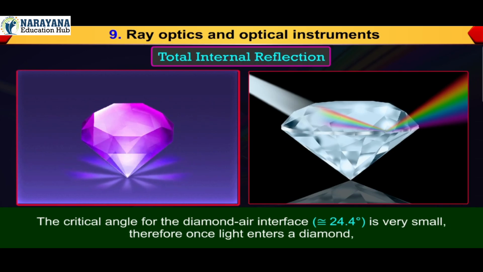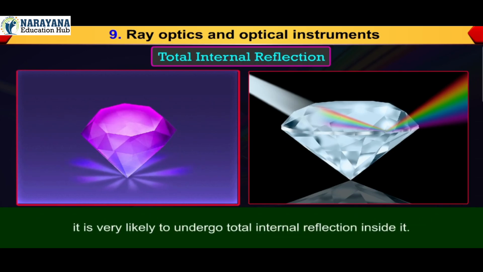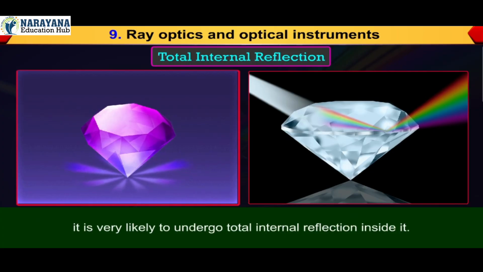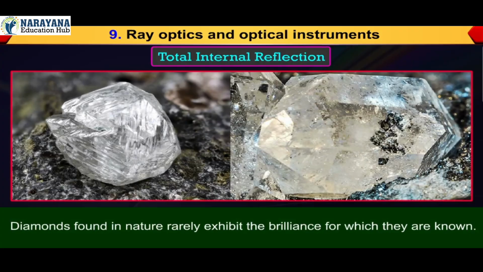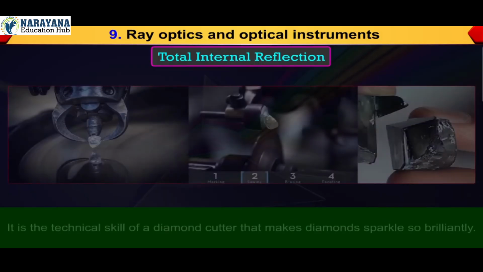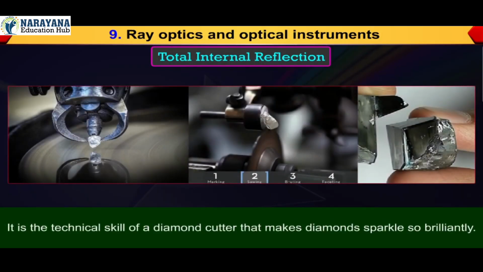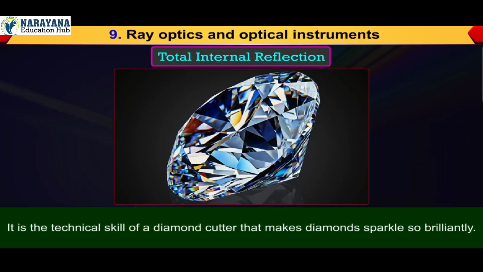Therefore, once light enters a diamond, it is very likely to undergo total internal reflection inside it. Diamonds found in nature rarely exhibit the brilliance for which they are known. It is the technical skill of a diamond cutter that makes diamonds sparkle so brilliantly.